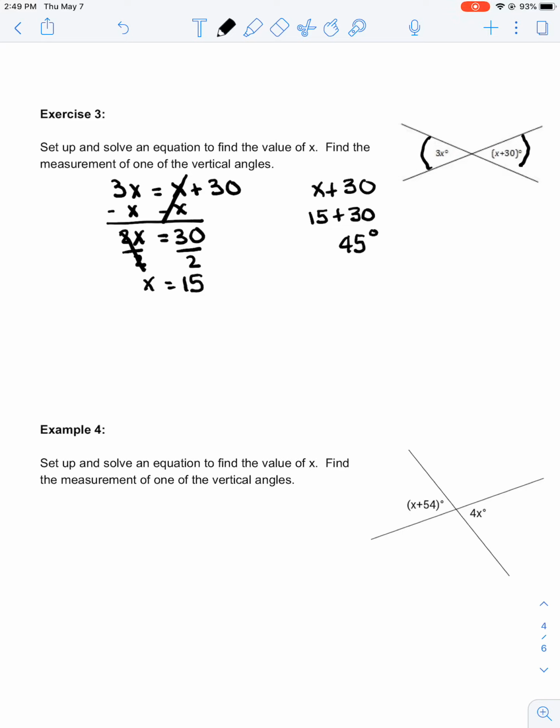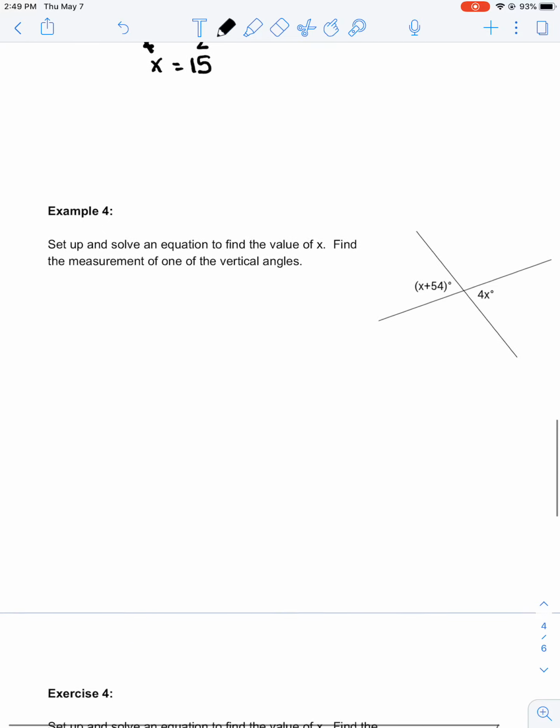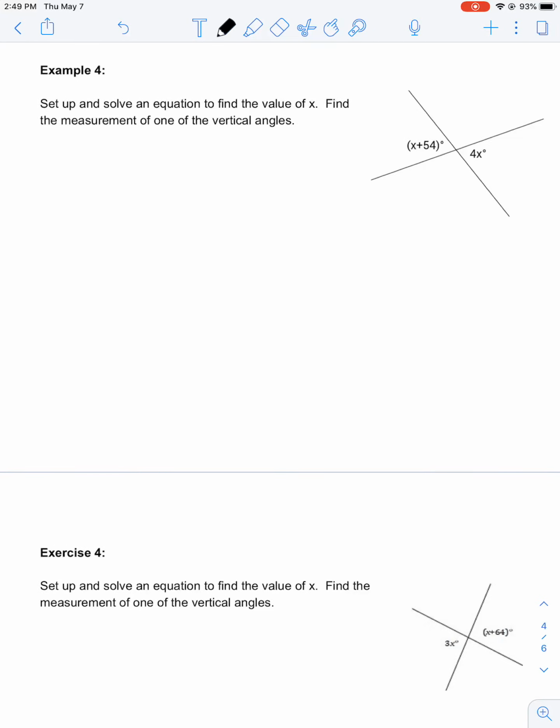In example 4, we are going to do the same thing. We are going to set up and solve the equation. So here we've got 4x and x plus 54 degrees. It doesn't matter how you set it up, so I'm going to keep this 4x on my left-hand side, equals x plus 54 degrees. So I'm going to subtract x from both sides. And I get 3x equals 54.